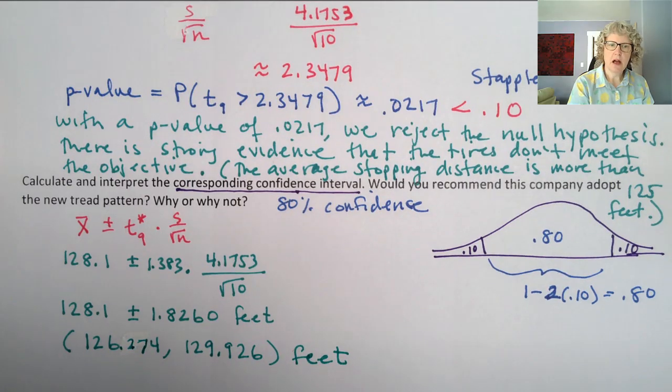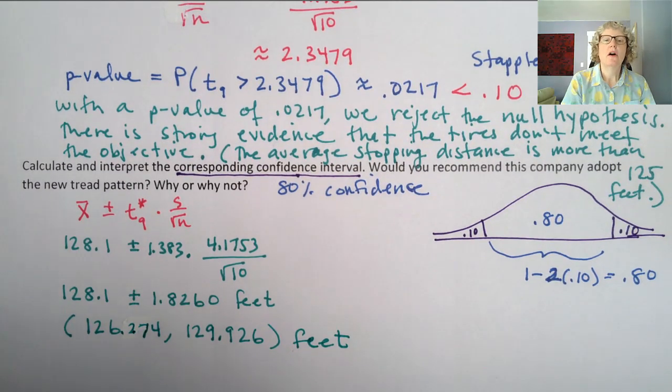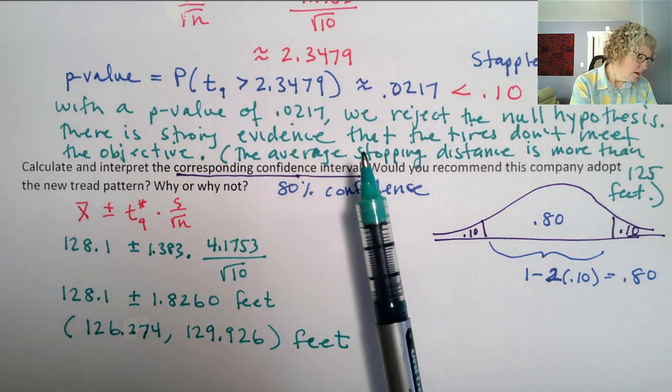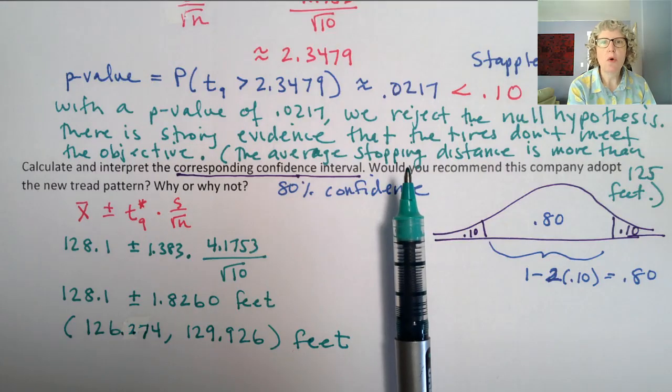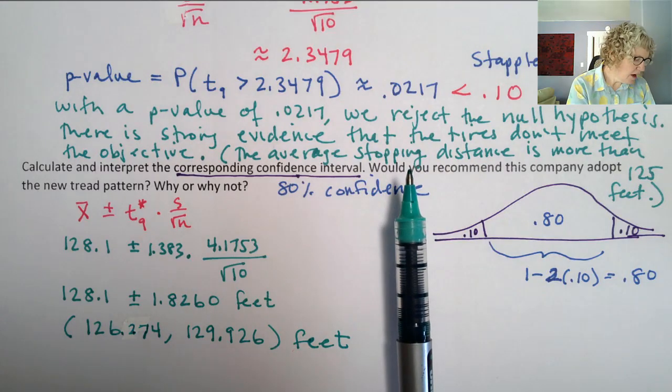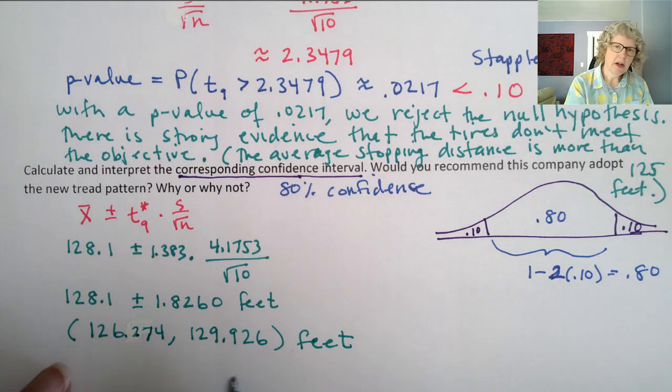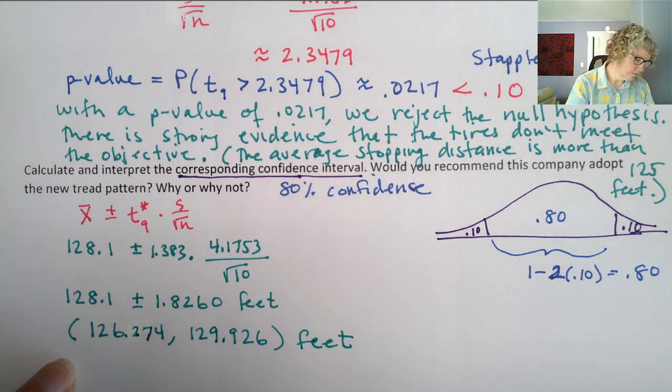So does this align with the decision we made on the test? So we said that essentially the average stopping distance was significantly more than 125, and so let's look at where 125 fits in relation to this interval.